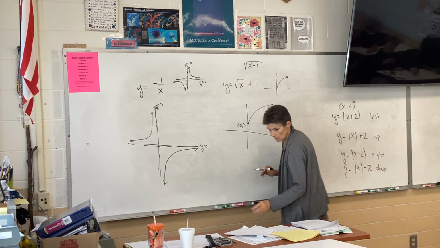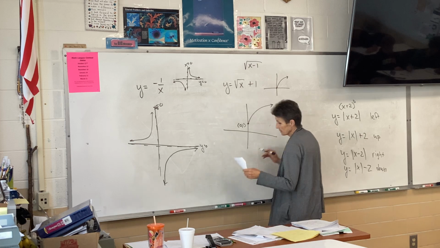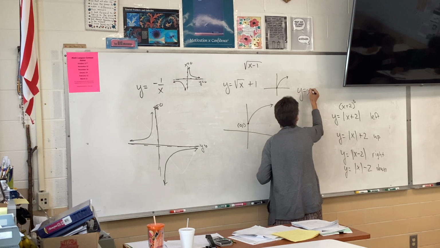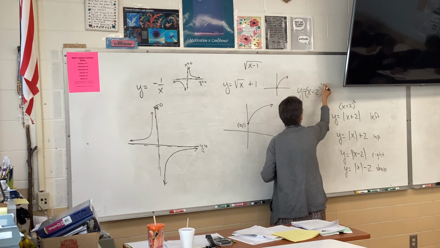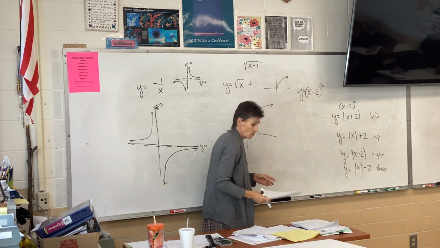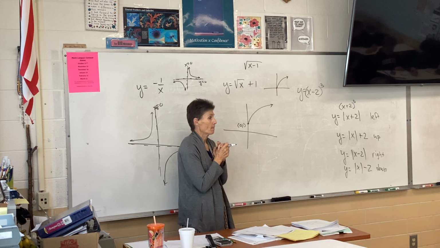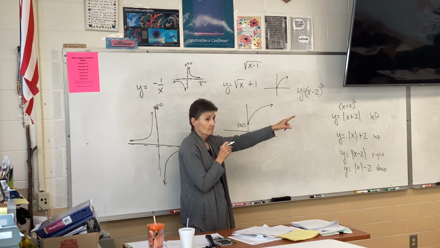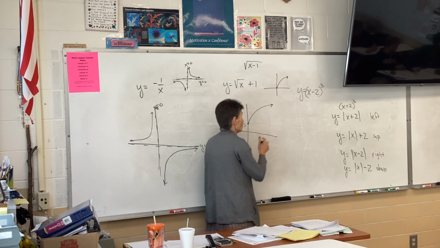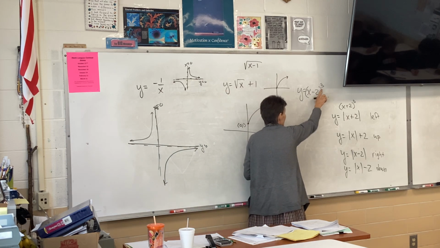All right, next we have (x minus 2) cubed. Okay. Which way are we moving? We're going right, right? We're going right. Do you remember what a cube, this is a cube.